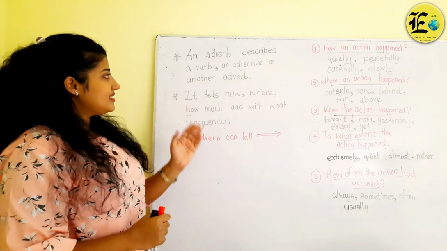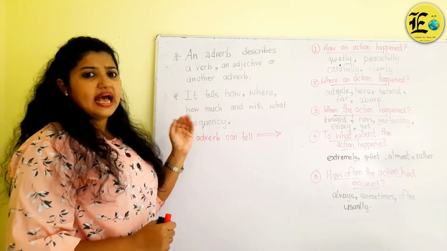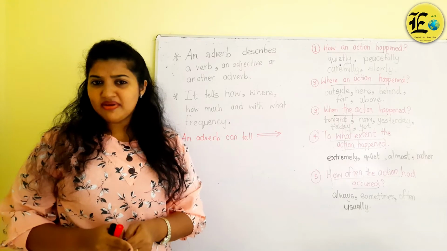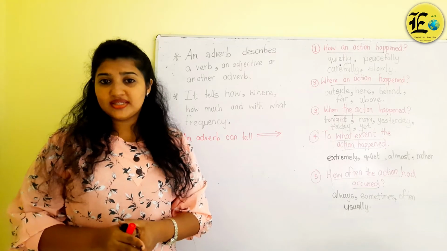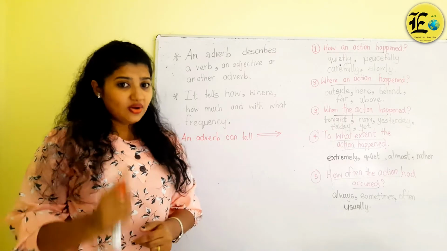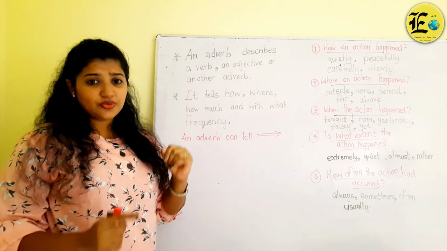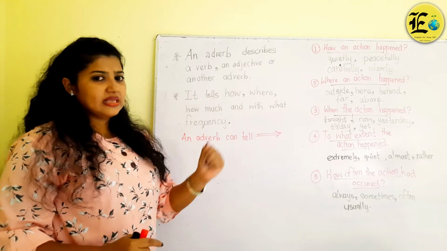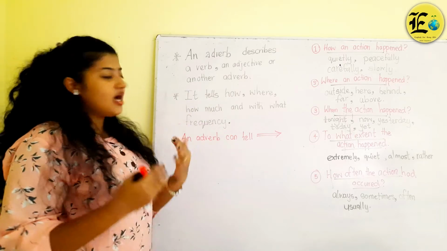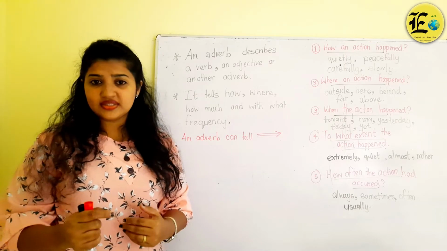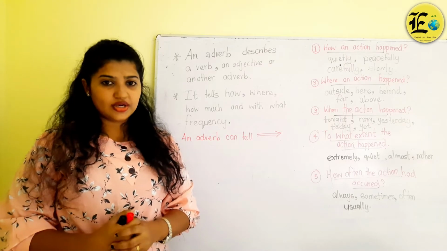An adverb describes a verb, an adjective, or another adverb. So remember that an adverb is not only a word that describes a verb, but it also describes an adjective as well as another adverb. Further, it tells us how, where, how much, and with what frequency a particular action could occur.